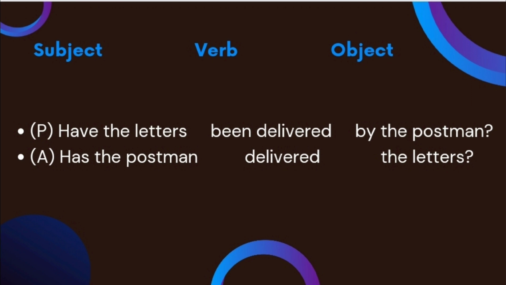The postman is singular, that's why has the postman delivered. Already V3 form or past participle form is given, delivered. So has the postman delivered what? Let's drag the subject at the end, the letters. Finally, the answer reads, has the postman delivered the letters?